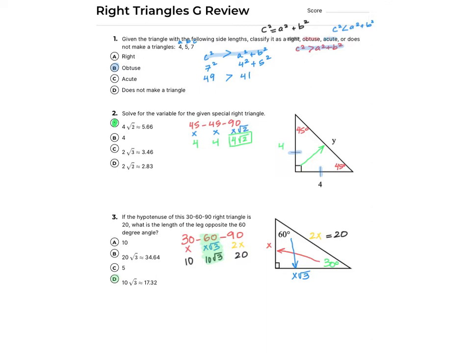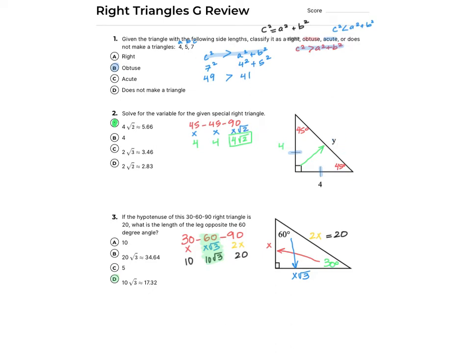Then in number 2, we reviewed the special right triangle 45, 45, 90. The pattern is x, x, x root 2, which means that the legs are both x. That's why we have the tick marks. And the tick marks tell me that this is a 45, 45, 90 degree triangle. And the hypotenuse would be x root 2.